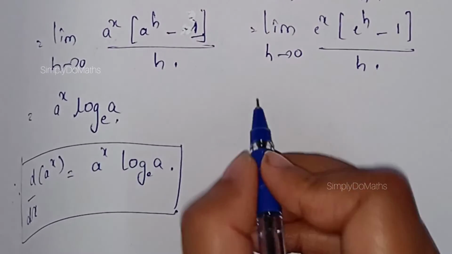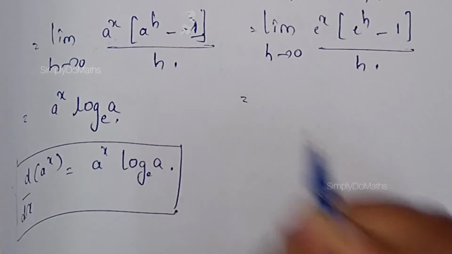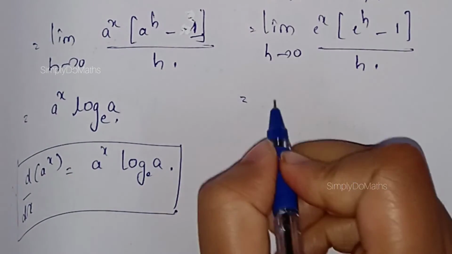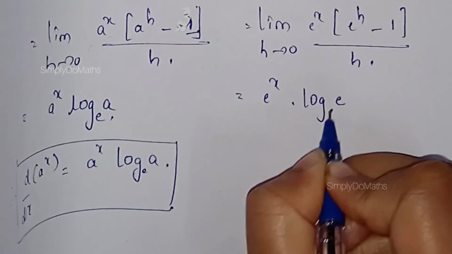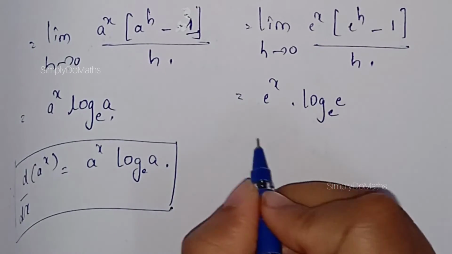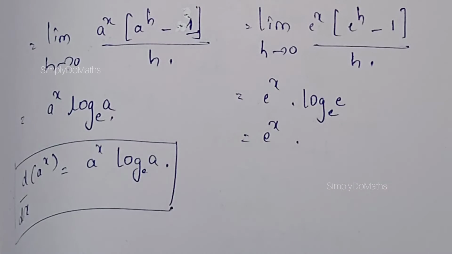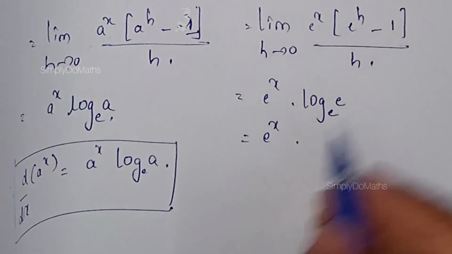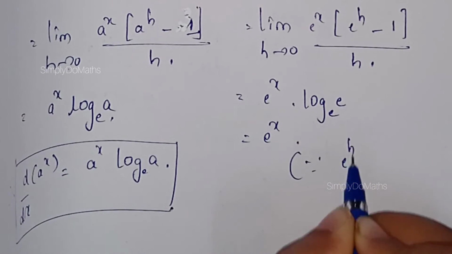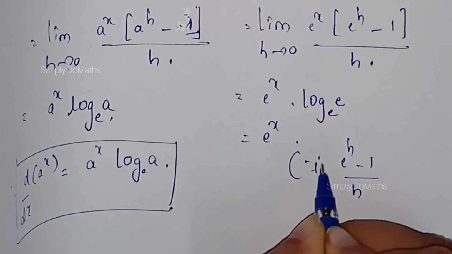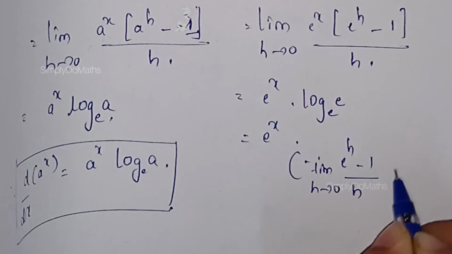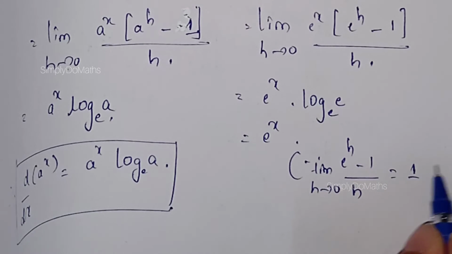So this can be written as e raised to x into log e to the base e. Log e to the base e is nothing but 1. So we are left with e raised to x, because e raised to h minus 1 divided by h, as h tending to 0, the value is 1 itself.